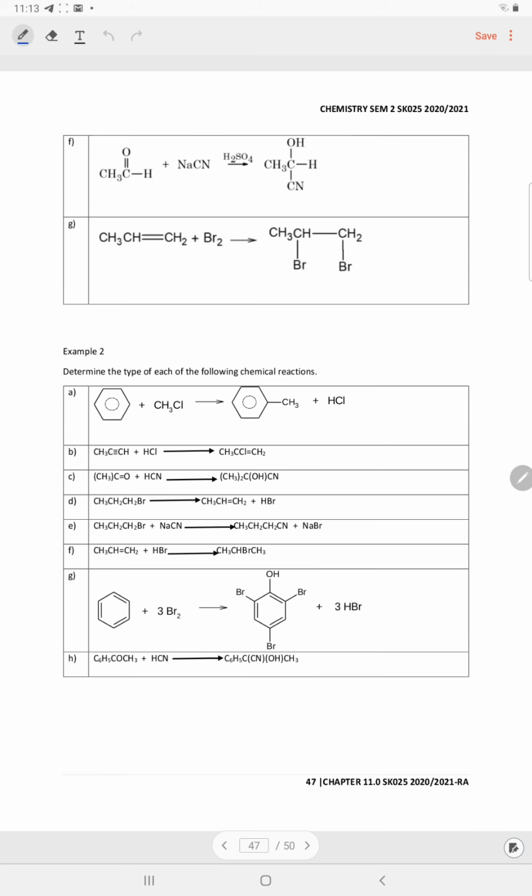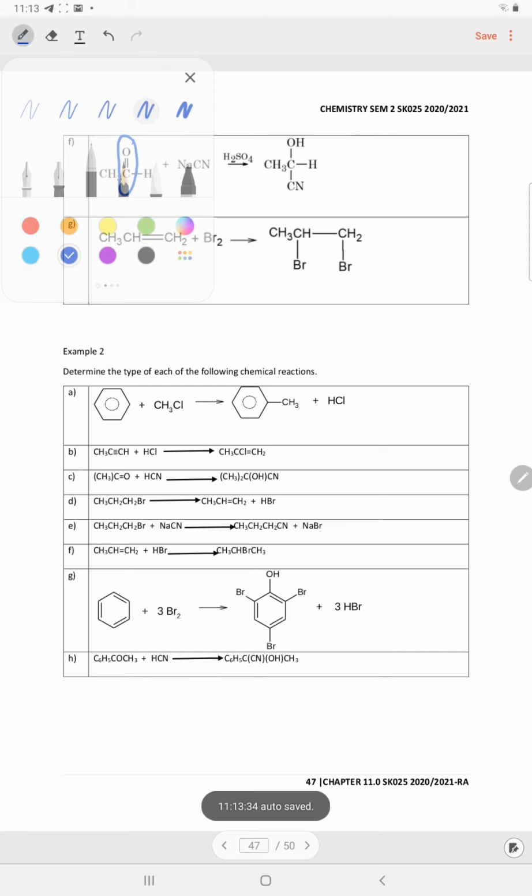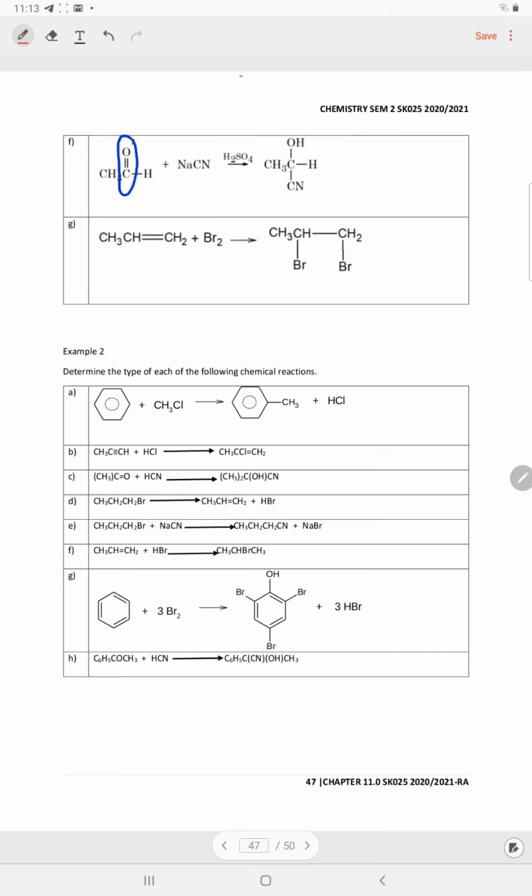Okay, next for question F, the presence of a multiple bond, but this is carbon C double bond O, and we trace this carbon attached to the more electronegative oxygen, which becomes partially negative, and carbon becomes partially positive. So if there is a multiple bond, the process involved must be addition reaction.